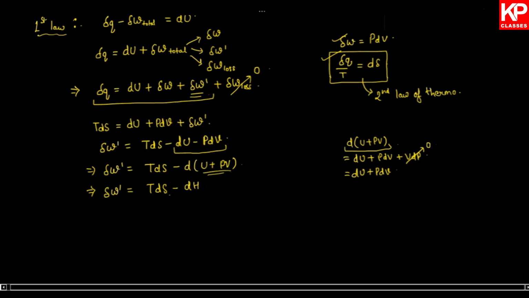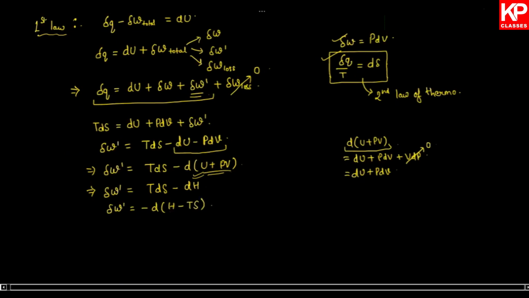Now what I'm going to do, I'm going to take this differential portion again outside based upon the similar expression that we have calculated over here, which we have used in order to get U plus PV. Similarly, del W dash can also be written as, agreed?